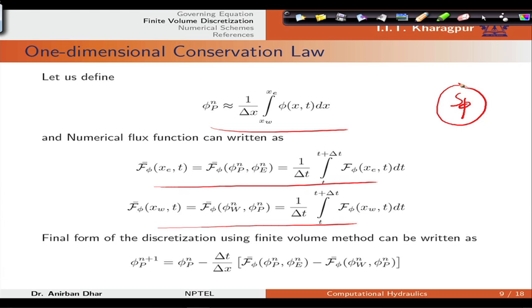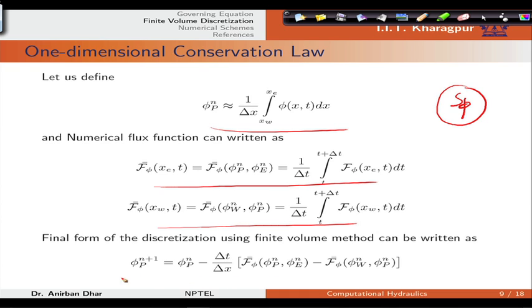So, we will not consider the discretization at this stage. Let us concentrate on the first temporal derivative and then the spatial derivatives of the flux function. So, this is the final form, but still we need to calculate what will be the value of these flux functions.